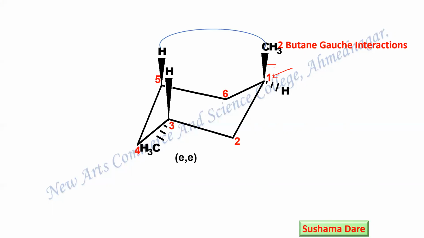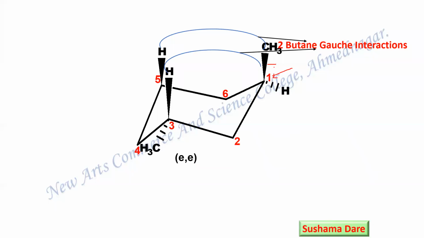The C1 CH3 group causes an interaction with the C5 axial hydrogen. This is the first interaction. And which is the other interaction? That is the C3 axial hydrogen causing interaction with the C1 CH3 group. They come within the van der Waals area, hence causing the interaction. Therefore, there are two Butin-Gauch interactions.